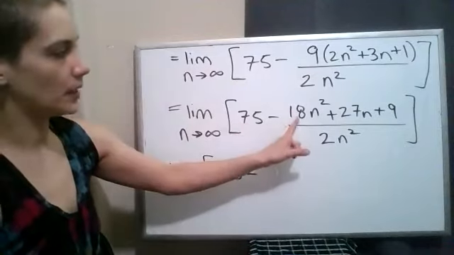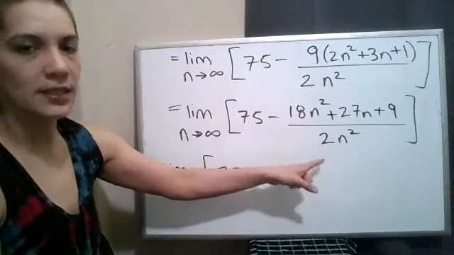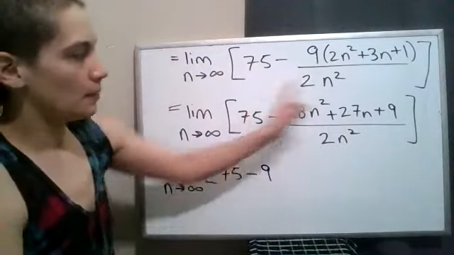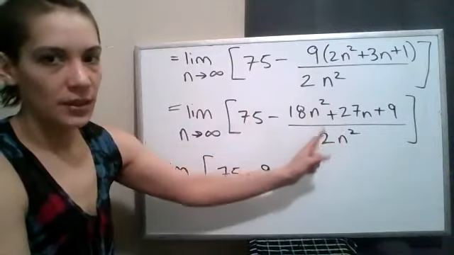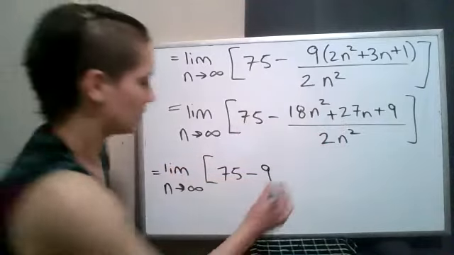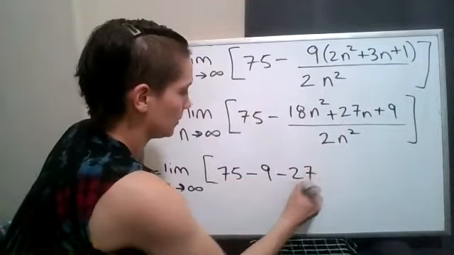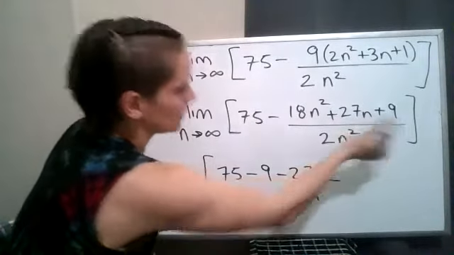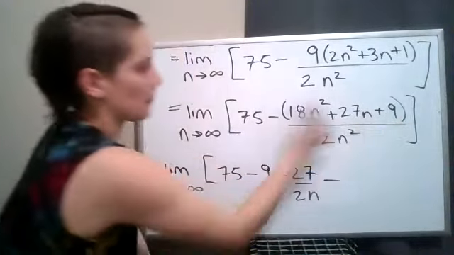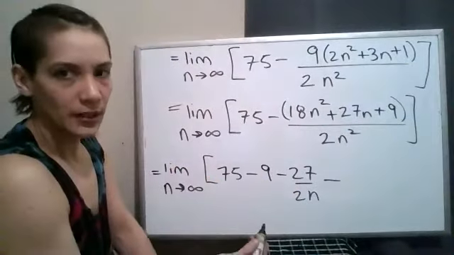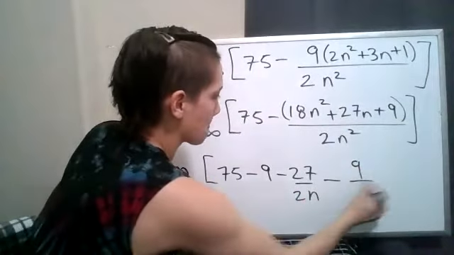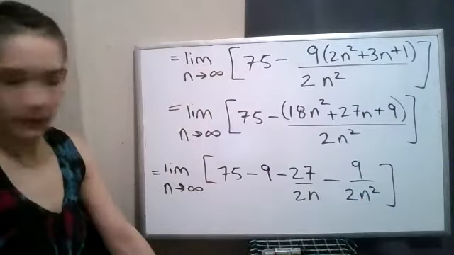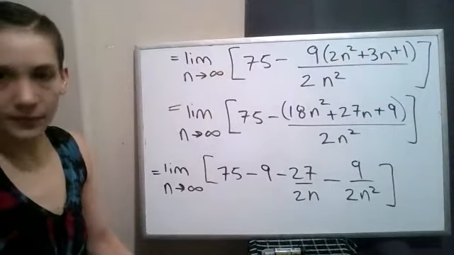Okay, so 18n squared over 2n squared is going to be 9, minus 27 over 2n, minus 9 over 2n squared. Cool.